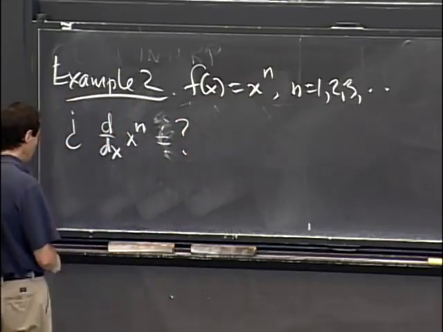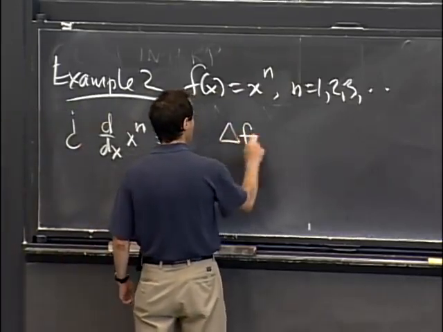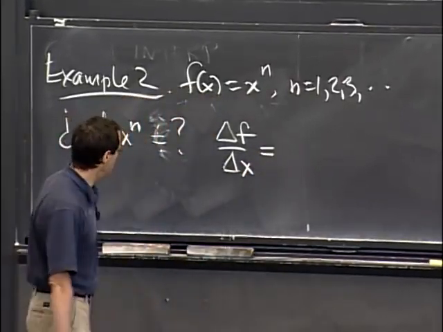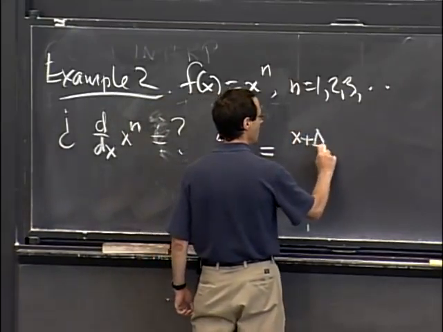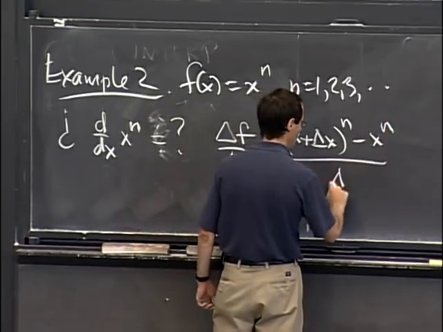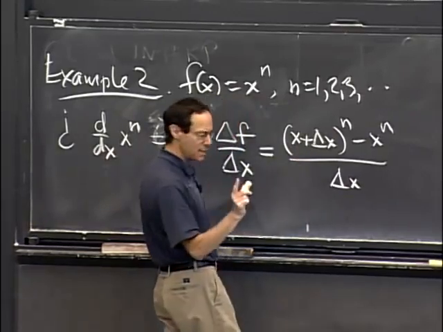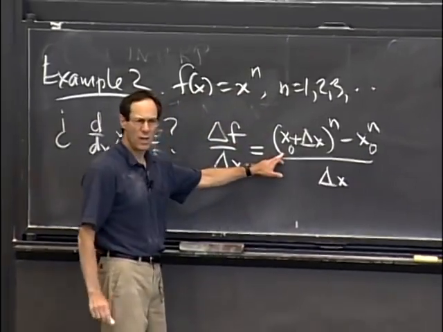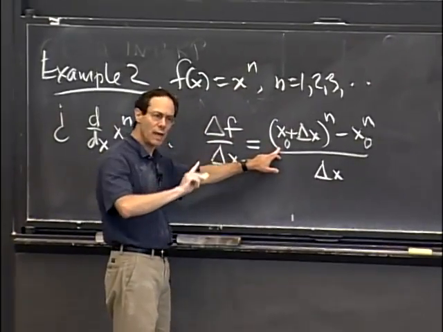So again, we're going to form this expression, delta f over delta x, and we're going to make some algebraic simplification. So what we plug in for delta f is (x plus delta x) to the n minus x to the n, divided by delta x. Now, before, I wrote x0 here and x0 there. But now, I'm going to get rid of it, because in this particular calculation, it's a nuisance.